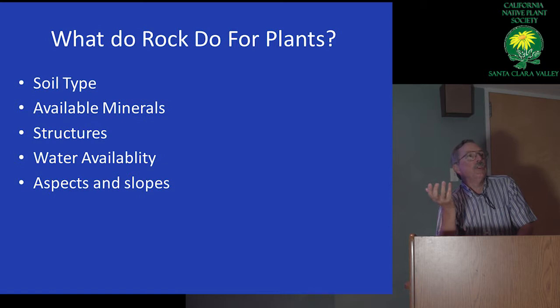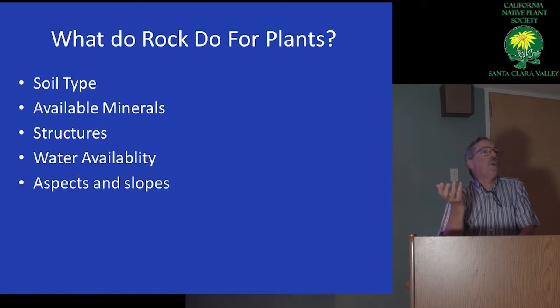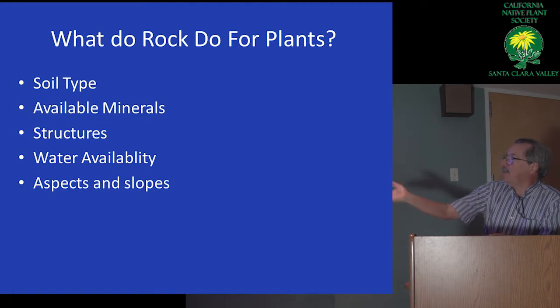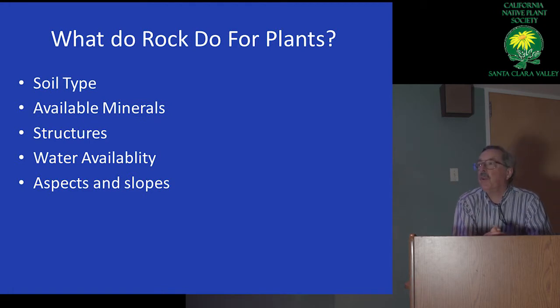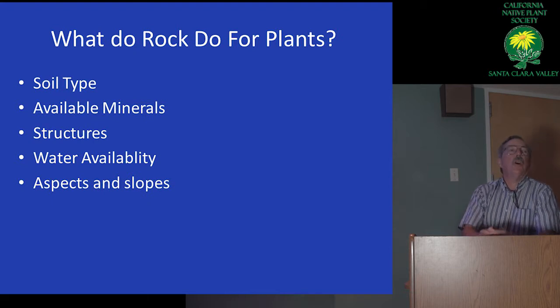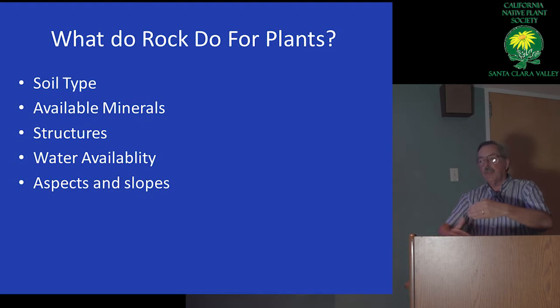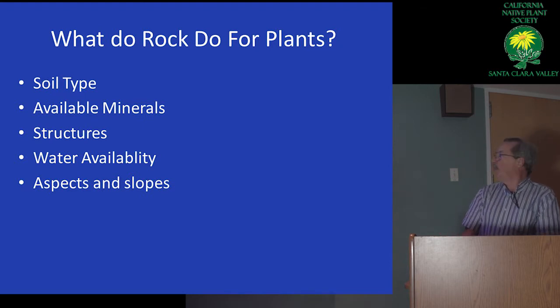You can have places where it drains out very easily or where it pools up. And of course, aspect and slope are very important for any plant. And normally those are caused by resistant rocks, which form hills, or easily eroded rocks, which will produce valleys. Next, please.